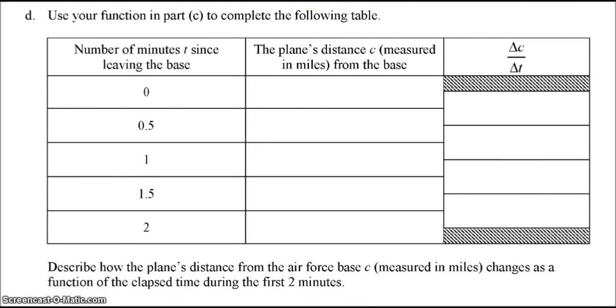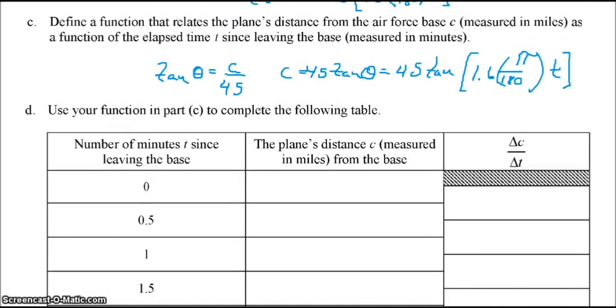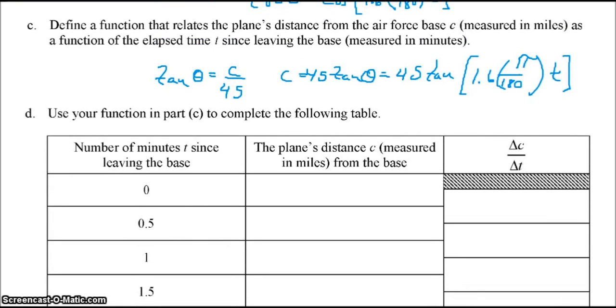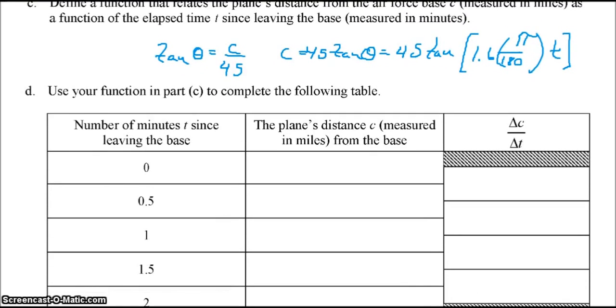Use your function c to complete the following table. Okay, 45 tan of 1.6 pi over 180 times t. So I just need to plug 0 in for t.